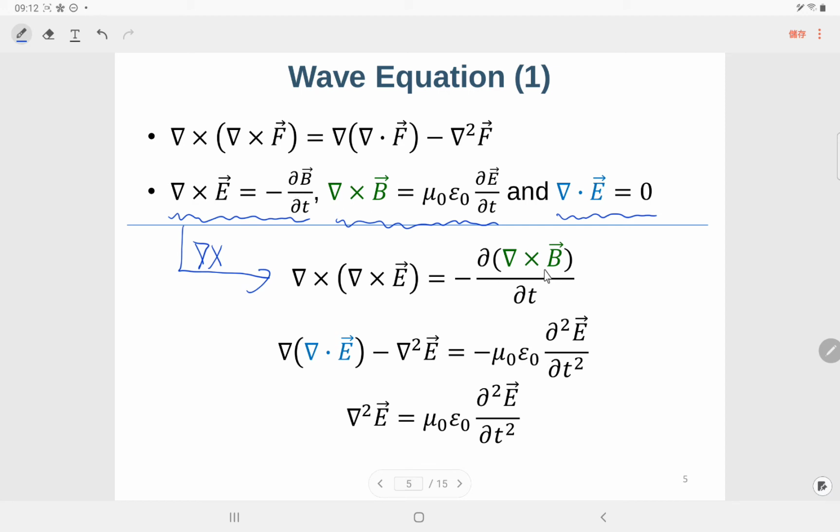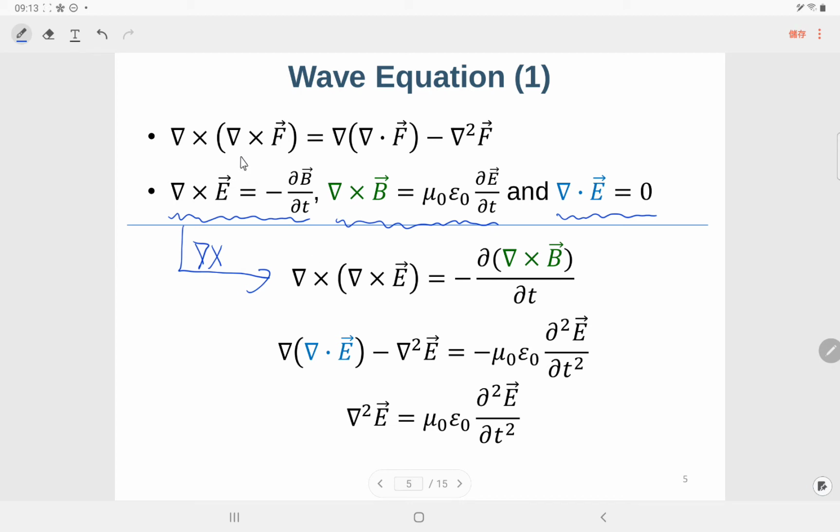And we assume that the differential order can be exchanged, because this one takes the derivative in the space domain, and this one takes the derivative in the time domain. Actually we just assume that the order can be exchanged. So we just put the curl inside.